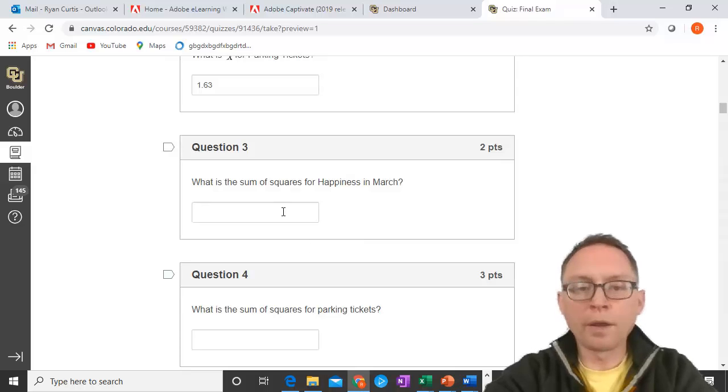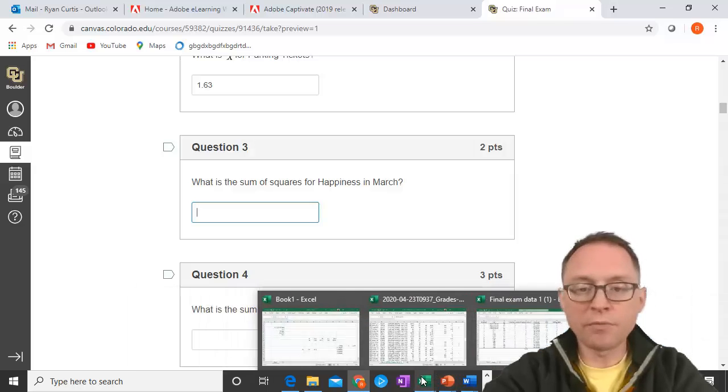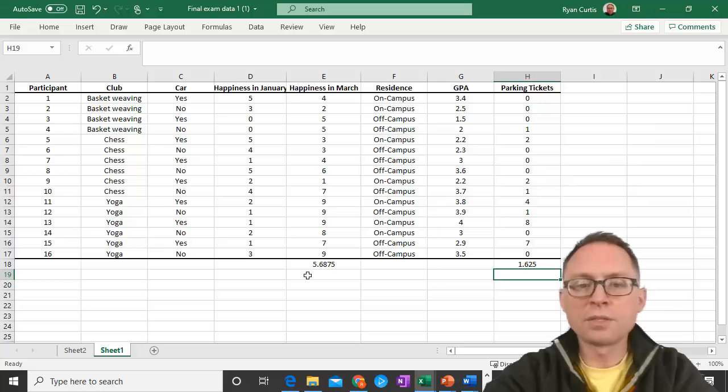What is the sum of squares for happiness in March? So this is asking for us to calculate the sum of squares. And this is a little bit harder to do. There's a couple of easy ways to do this, and let me show you how to do this in Excel, because you can do the calculations in RStudio, or you can just do the addition and subtraction.